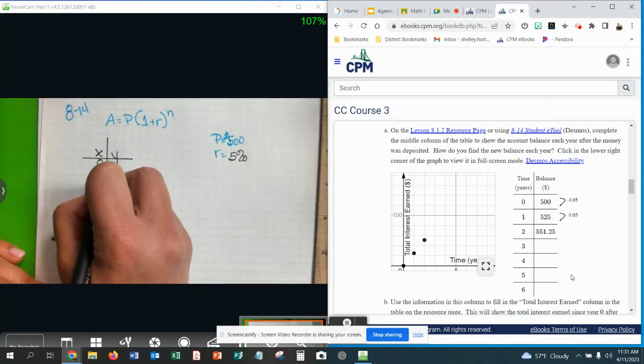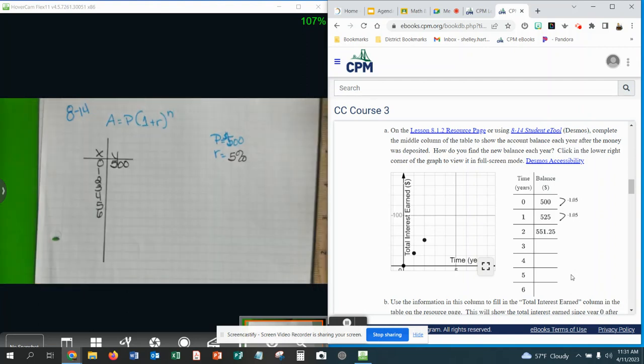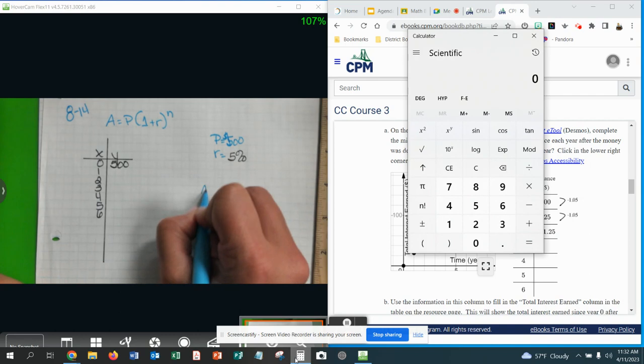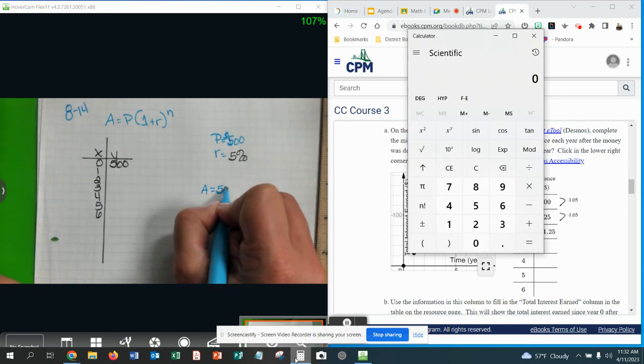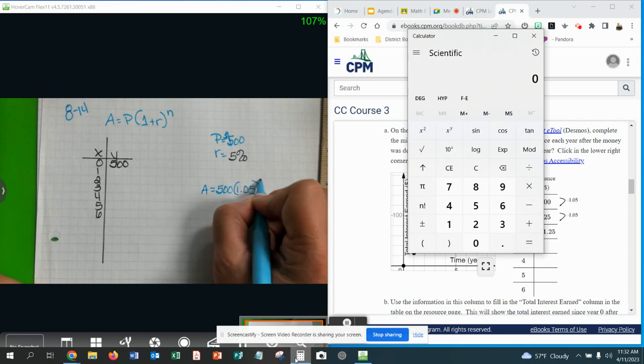Our 0 year is $500. So we're going to come in and we're just going to start to plug in the numbers. So A equals 500 times 1.05 times 1.